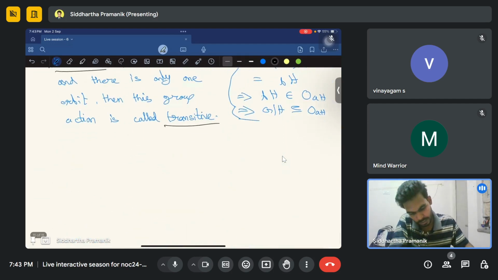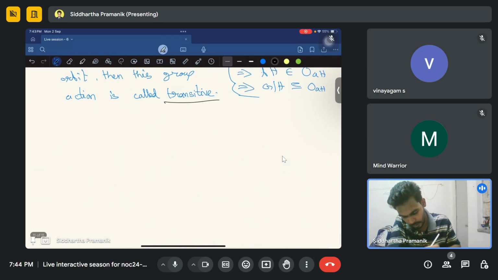Okay, now let's see one concrete example, and this one is interesting. So let's take G as S_n and the set S as R^n.